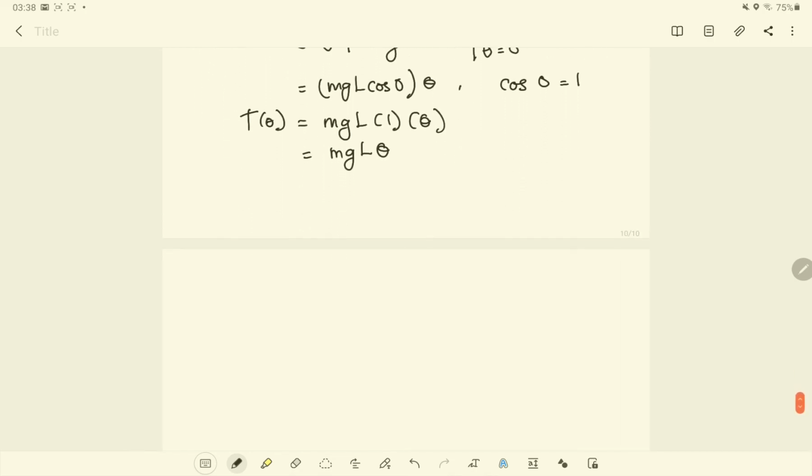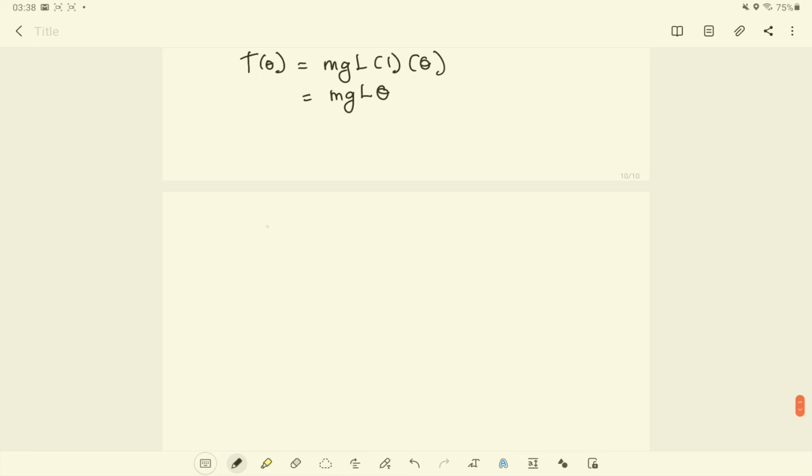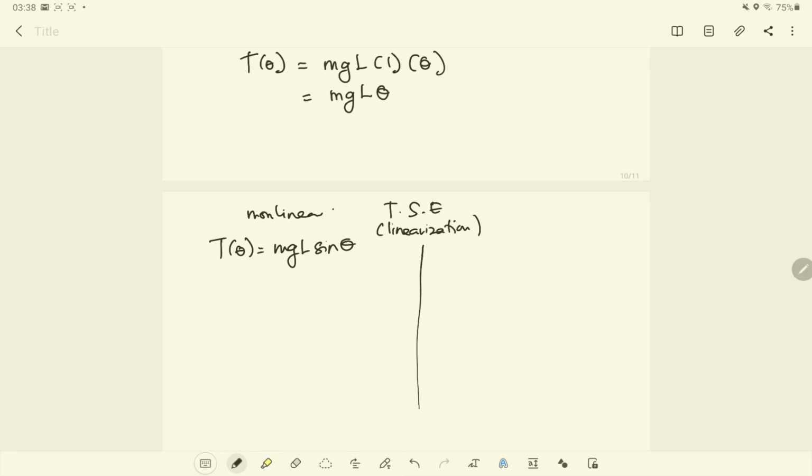So now we have two conditions. One, before we linearize, the nonlinear T(theta) equals mgl sine theta. Then by using the Taylor series expansion, we did the linearization, and we get the linear function: T(theta) equals mgl theta.